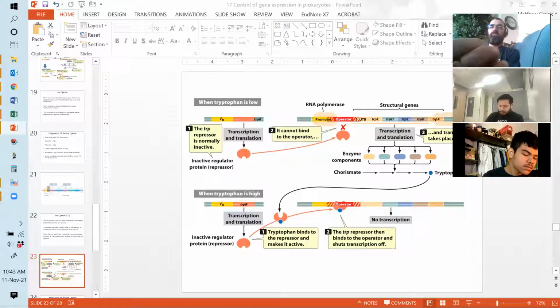So lots of trp equals trpR-trp, which is now a repressor. And that binds to the trpO operator and shuts down transcription. So that's the negative feedback loop.